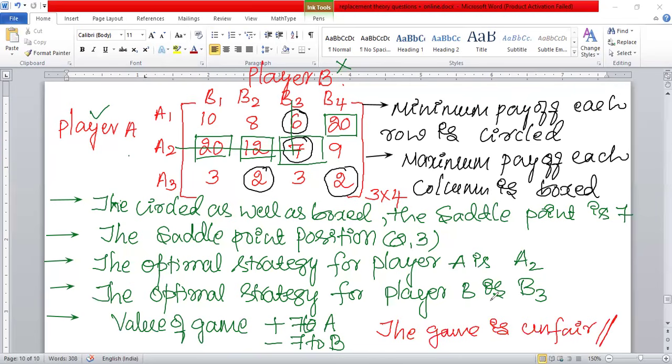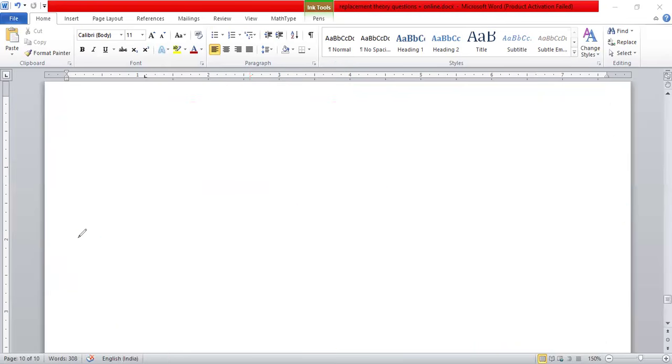Okay. Now I'm going to erase it and consider the second problem. Problem number 2. Player A has A1, A2, A3, A4. Same problem: solve the game using the Maximin Minimax principle.